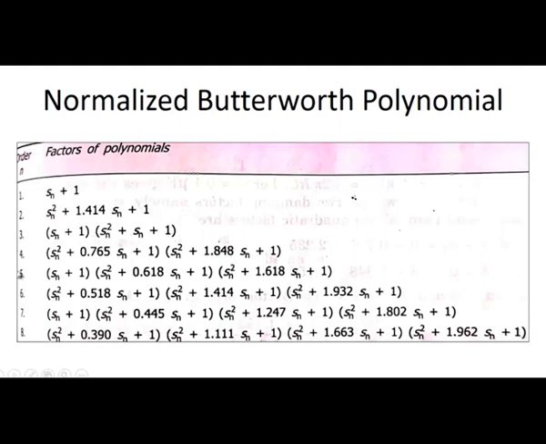Similarly, if you increase the order of the filter, for every odd order, you have Sn plus 1 multiplied with the second order sections, and for every even order of the filter, you have this kind of polynomial, Sn square plus Sn plus 1 with its own damping coefficient. So, these factors of polynomials are the Butterworth polynomials we have discussed, since it is the filter used for the audio range of frequencies.